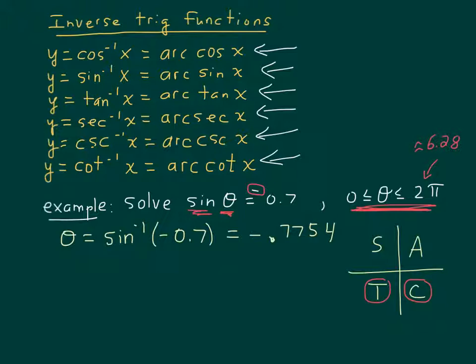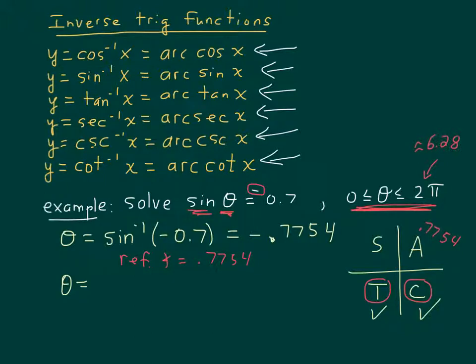So when we entered this into the calculator, we got negative 0.7754. Understand that your reference angle is really positive 0.7754. The reference angle is always going to show up here in the 1st quadrant. We don't want that 1st quadrant answer because sine is negative here. So what we need to do is look at how to get our answers in quadrants 3 and 4.